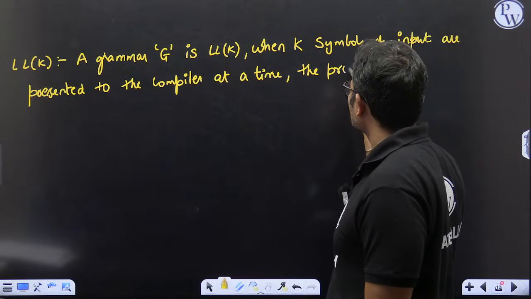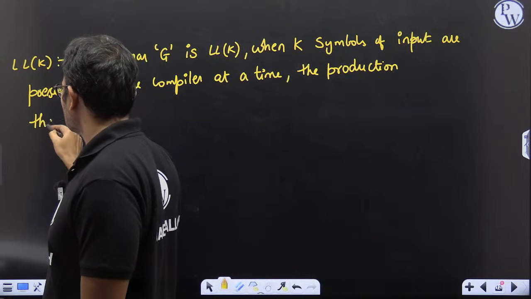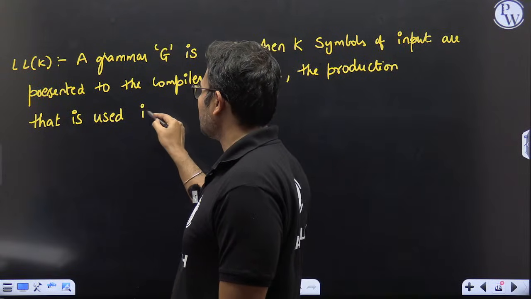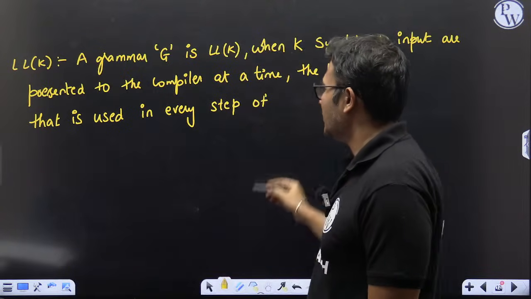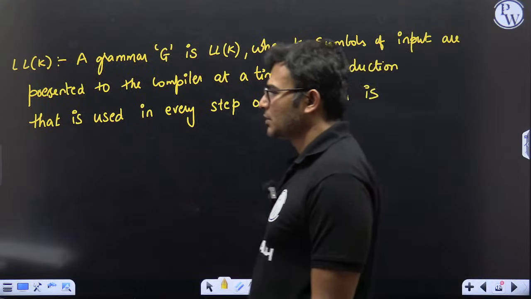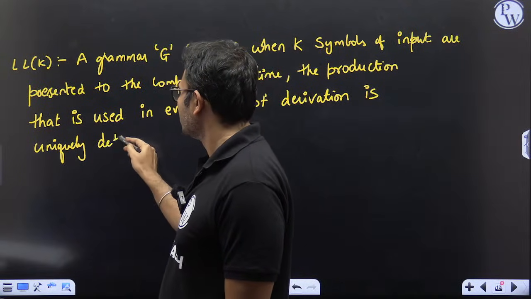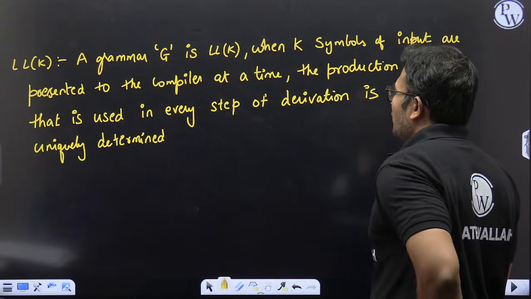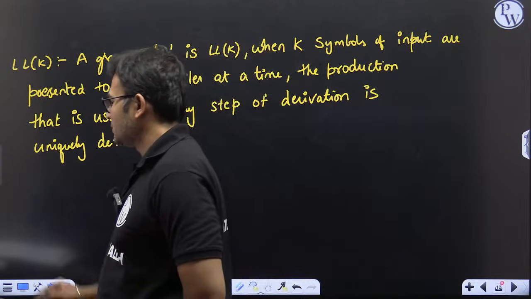the production that is used in every step of derivation is uniquely determined.